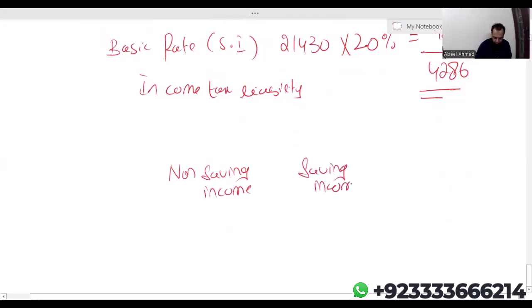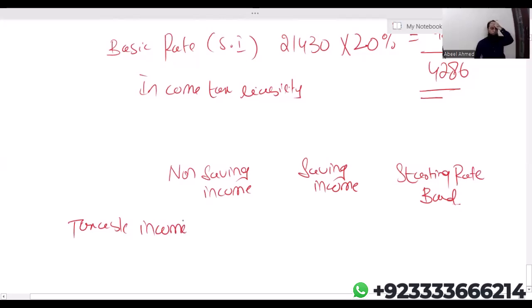Saving income. Just the concept of starting rate band. Please, I'm writing taxable income. Taxable income means income after deducting the personal allowance.